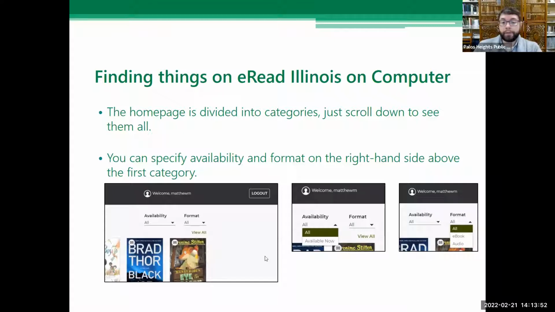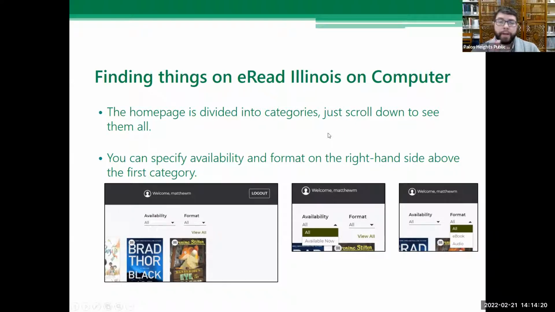So if you click show me what's available now, it'll show you the things that are available for you to check out right now without a waiting list. Then on the right hand side here, I am showing what is under the format button. So you can select show me everything, ebooks and eAudiobooks, or you can say, no, I just want to see the ebooks, or just show me what you have on audio.